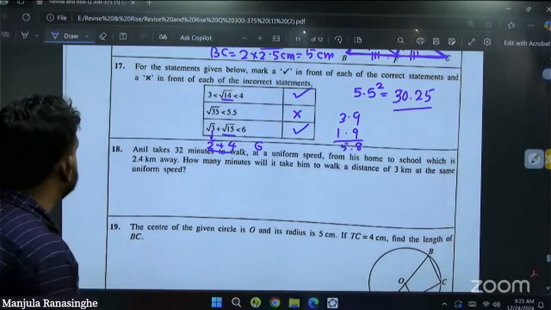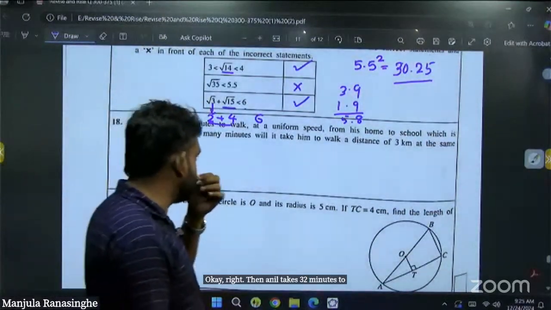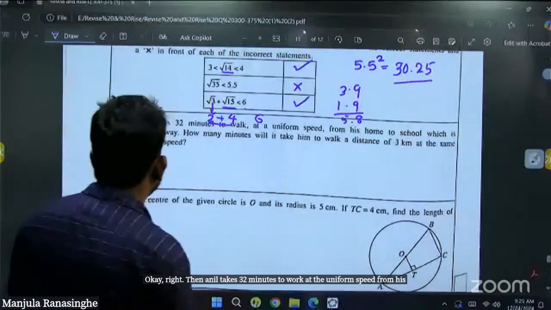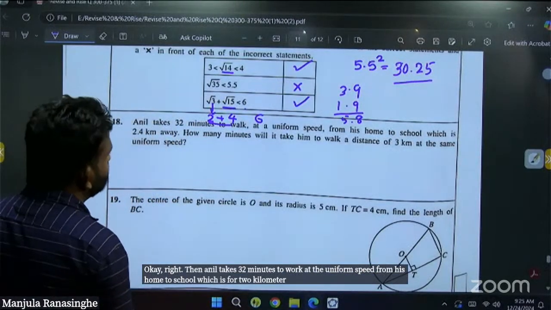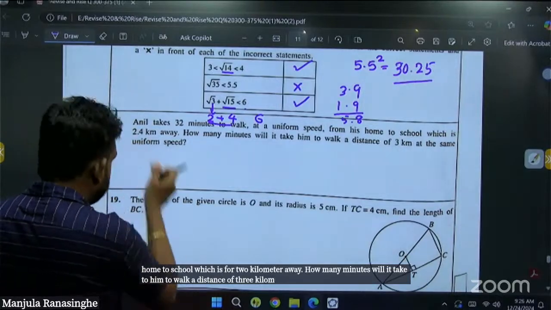Okay, right. Then Anil takes 32 minutes to walk at a uniform speed from his home to school, which is 2.4 kilometers away. How many minutes will it take him to walk a distance of 3 kilometers at the same uniform speed?